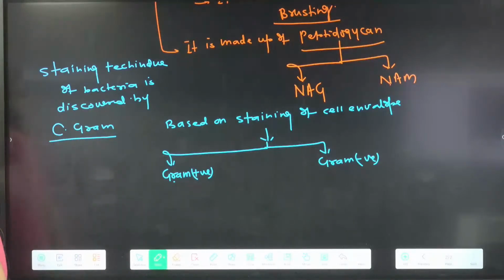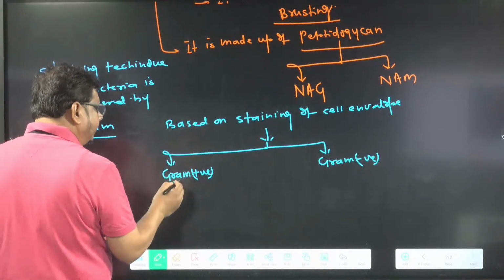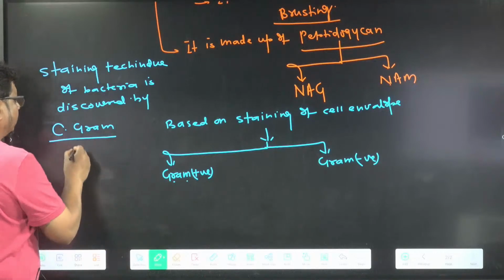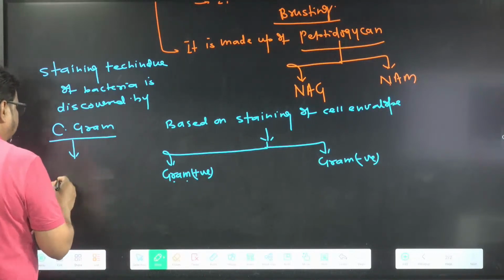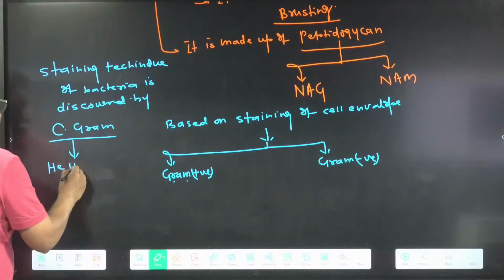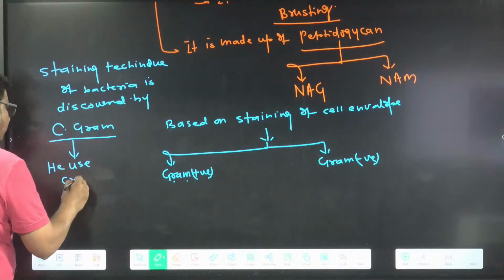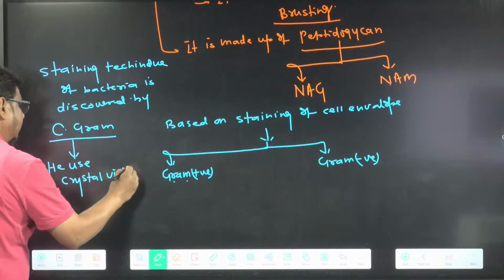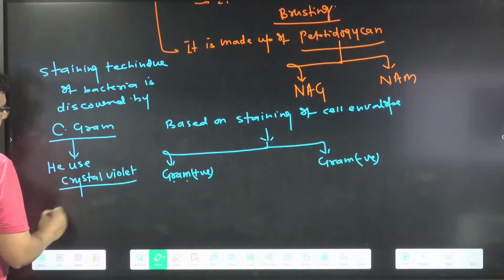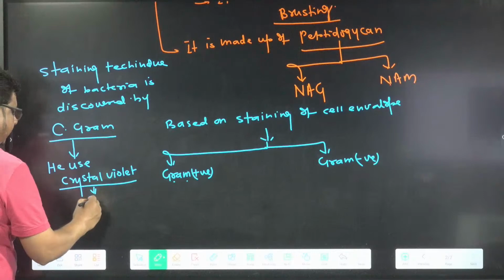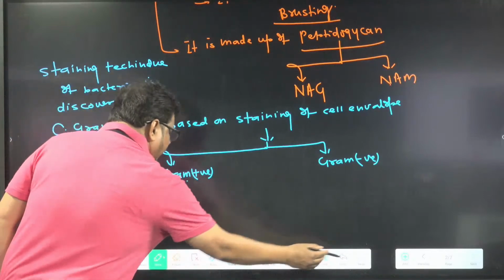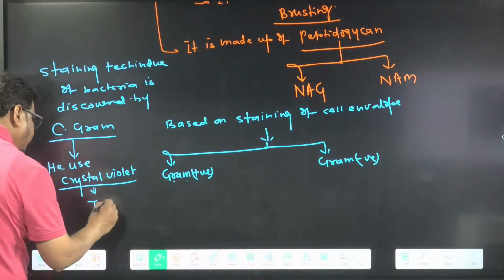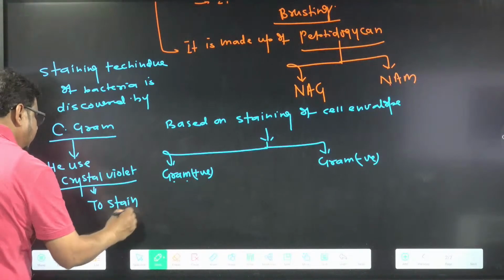Based on honor of his name, the stain is also called Gram stain. So he used crystal violet. It is the name of a dye, a stain, a color. Crystal violet stains, that is colors, the bacteria.